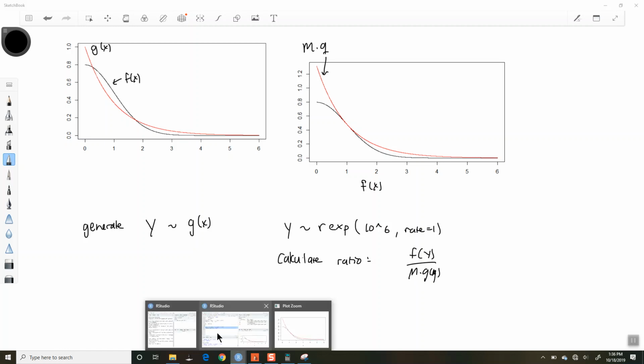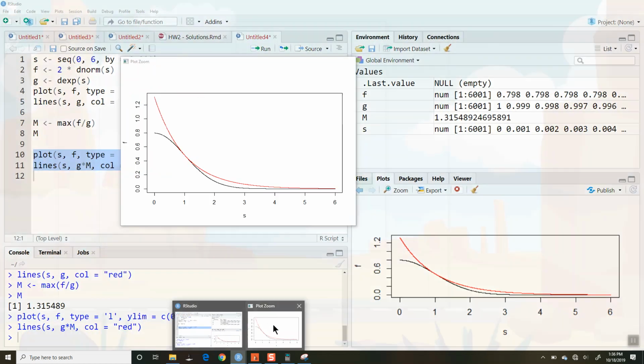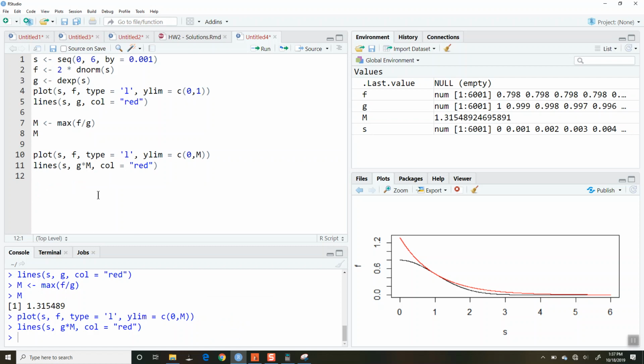Let me just show you what f divided by g looks like. If I just do f divided by m times g, we'll call this ratio.